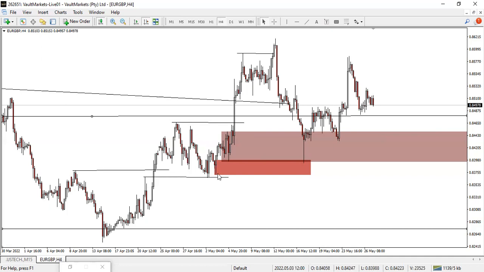Then where it started, did it break any structure? Of course it did. So now this might get a little bit complicated, but it is not complicated at all. So now this is the break of market structure here. This high, low, and then higher high.